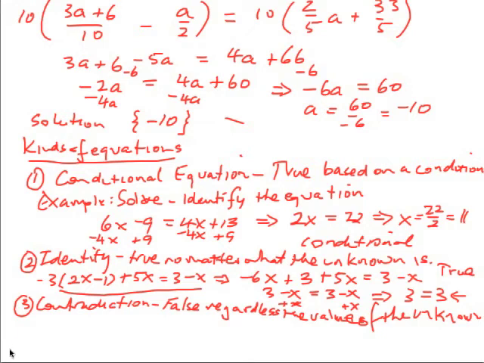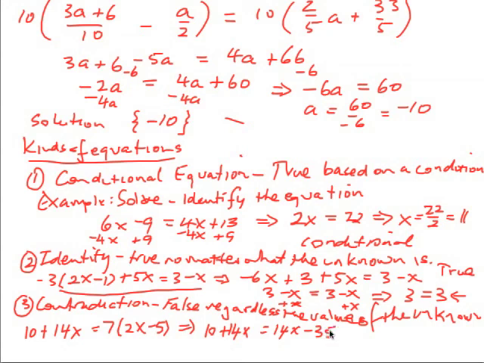If you look at an example of this, suppose I have 10 plus 14x is equal to 7 times (2x take 5). This implies, of course, that 10 plus 14x is equal to 14x take 35 if I distribute there.